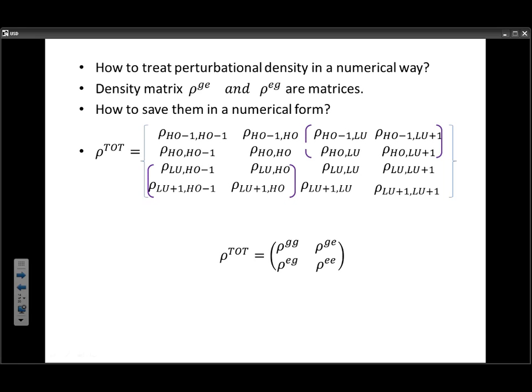The total density can be expressed in a form of pairs of orbitals. The pairs of occupied orbitals correspond to the ground state density.